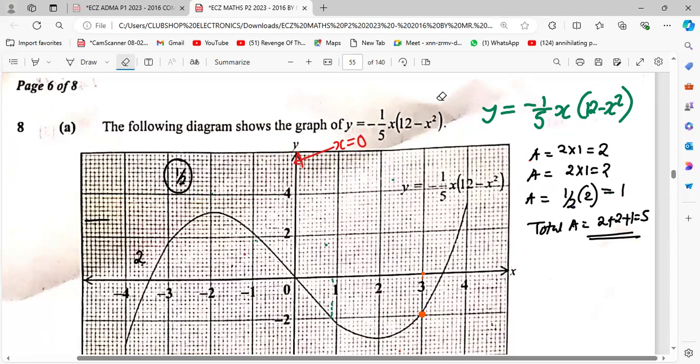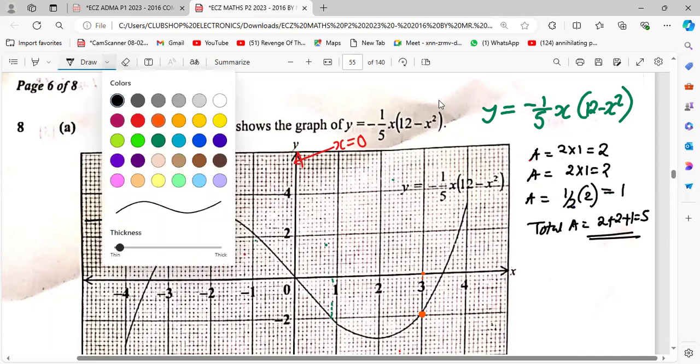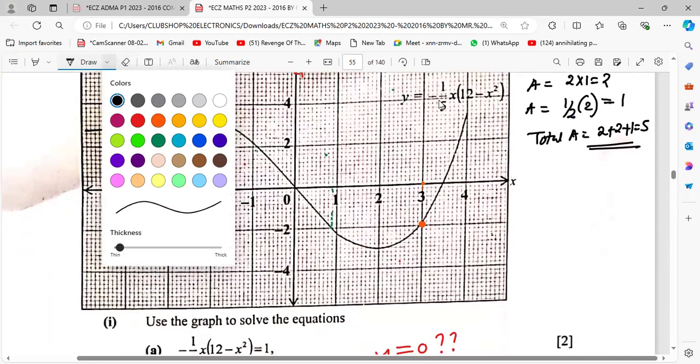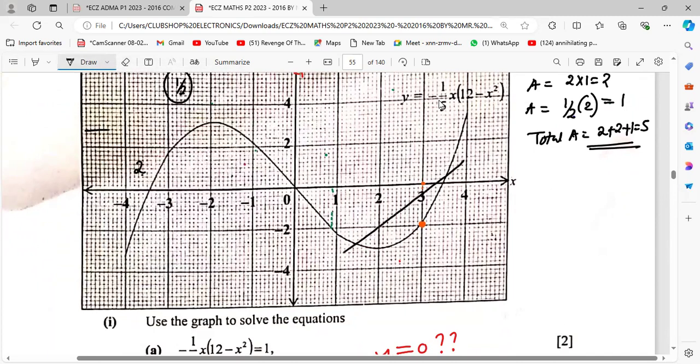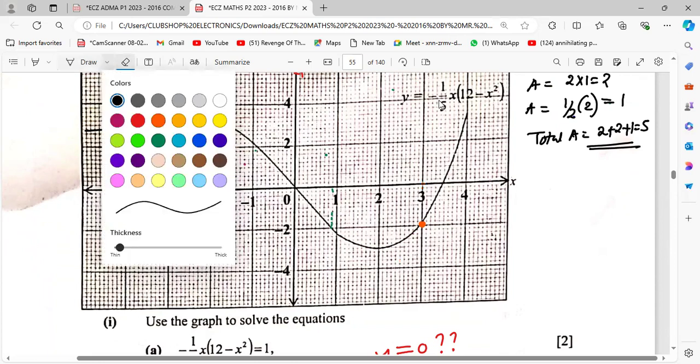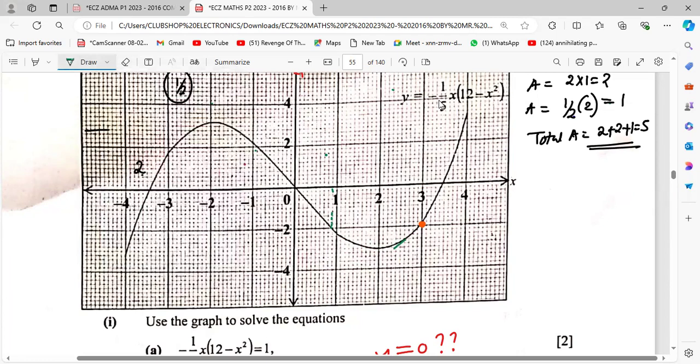Yes, sir. So at this point, what we said last time was, you draw a line passing through this point. It should not be inside the curve like that. This is not correct. Or far away from this point where you leave space. That one is also not correct. So what is the correct approach? If you are doing it in the exam, you're supposed to get your pencil and try to draw a line that will pass through that point.